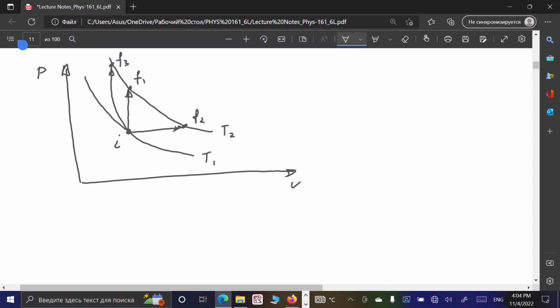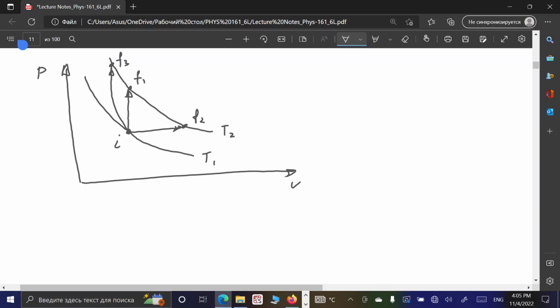So first question. We see that these processes are quite different, but in the scope of the first law of thermodynamics, change of which parameter will be the same for all these 3 processes? So what does the first law of thermodynamics tell us?